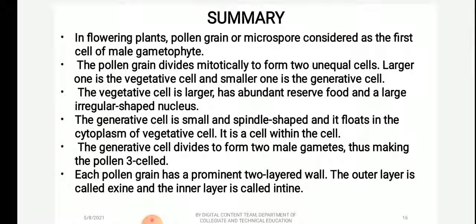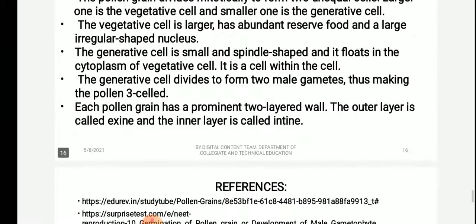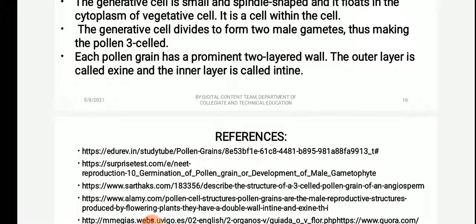The vegetative cell has abundant reserve food material and a regular shaped nucleus, whereas the generative cell is small, spindle shaped, and floats in the cytoplasm of the vegetative cell. The generative cell is a cell within a cell. The generative cell divides to form two male gametes, thus making the pollen three-celled.